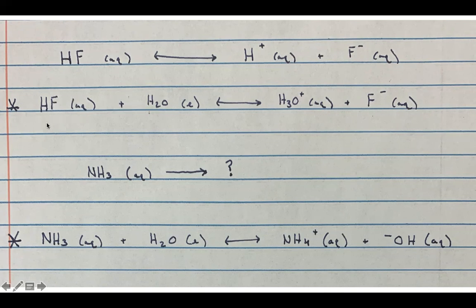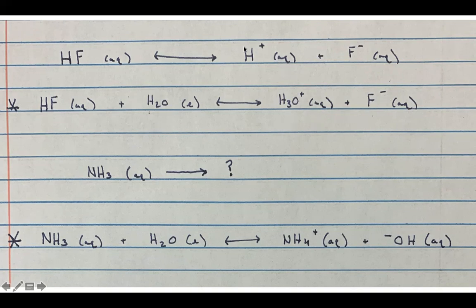We very clearly have HF, which is an acid, and now we have water, right? And if HF is our acid, that means water must be our base, right? So HF as the acid is going to lose a proton, water as the base is going to accept it, and when that happens, we're going to form hydronium, which is H3O+, and F-.